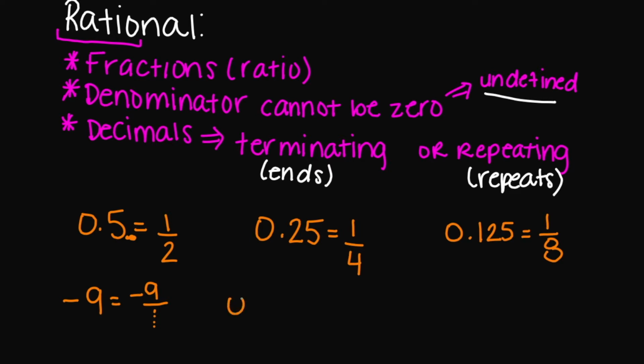What about 0.3 with a line over the 3? This means 0.33333, and it keeps repeating over and over all the way down. So because this is a repeating decimal, then 0.3 with a line over it is also a rational number.